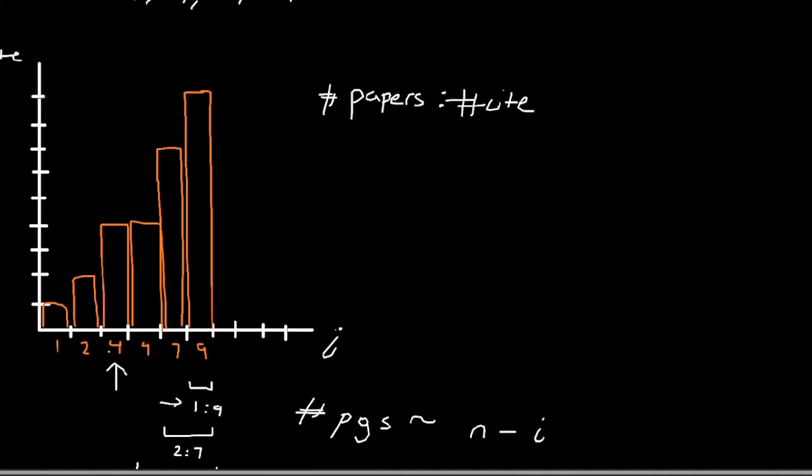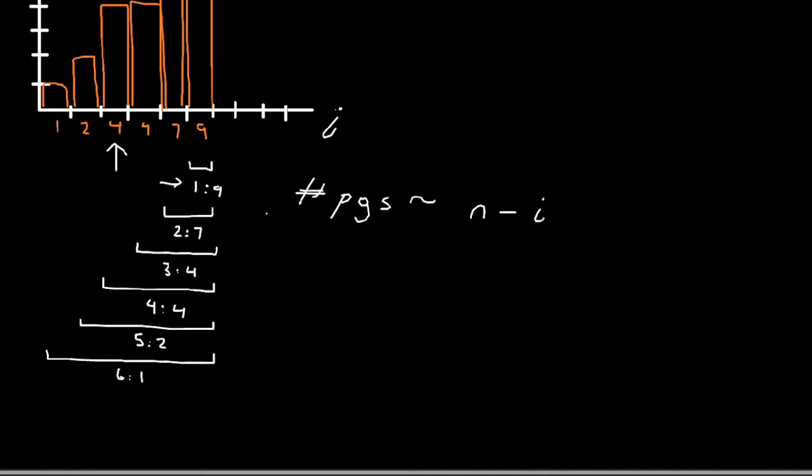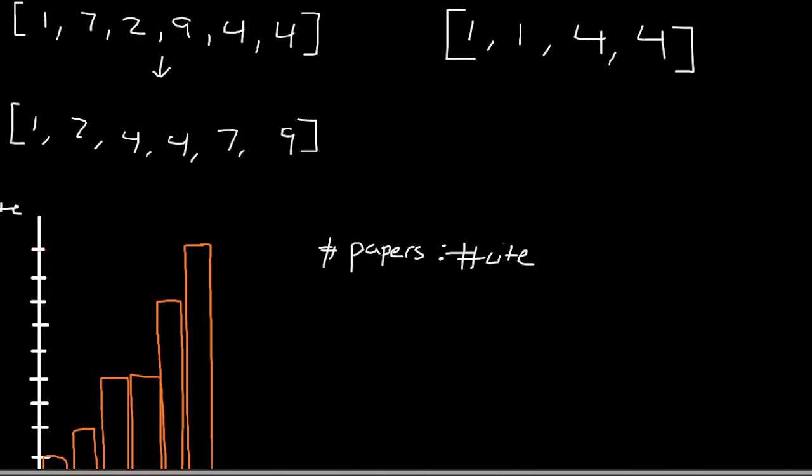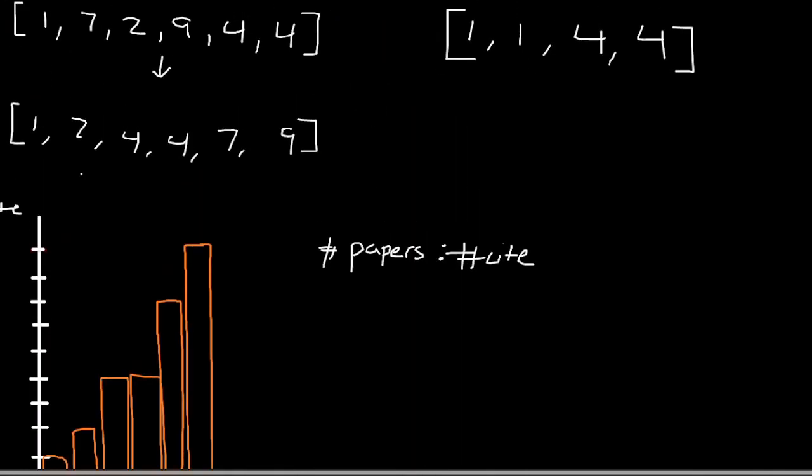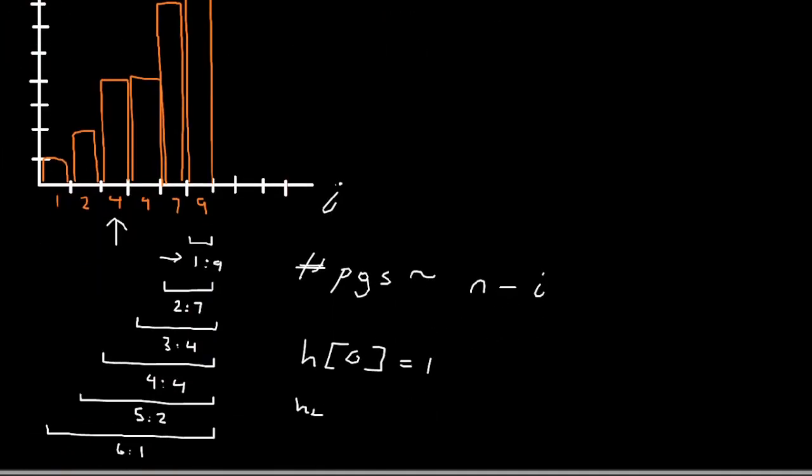So we are waiting for when, I'm going to say this list is going to be equal to h. So h sub 0 in this case is going to be equal to 1. H sub, let's say 3, 0, 1, 2, 3, is going to be equal to 4.